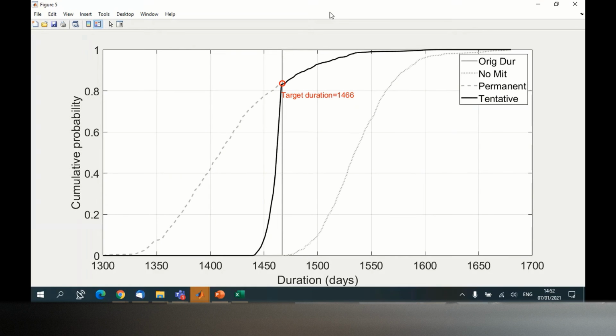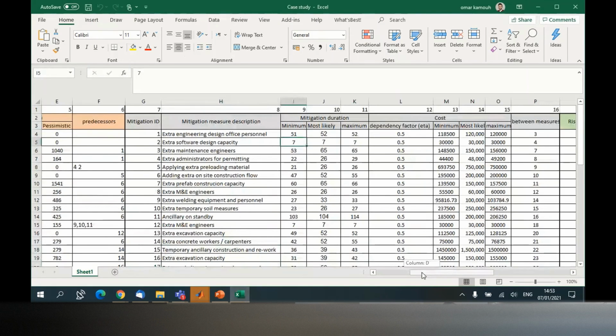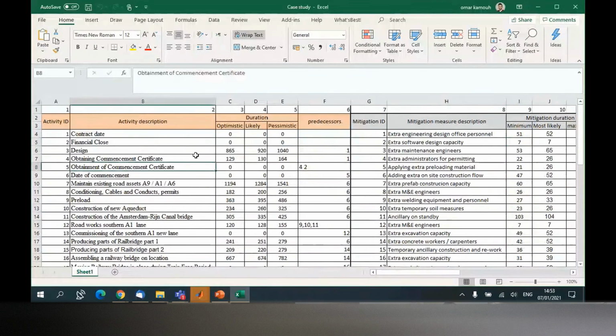But aren't you doing this before you do your project? You can do this analysis before your project, but also on a weekly basis. Because it happens that things turn out to be different. For example, at one moment you have this activity that you are not sure how long it's going to take.